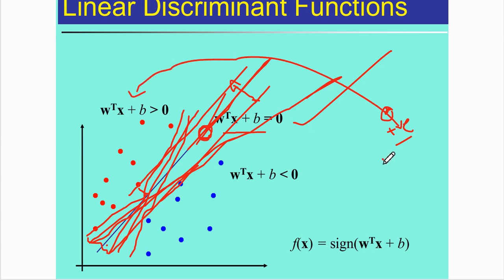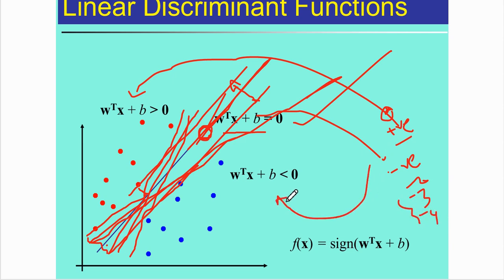If you take any test point and substitute it in this hyperplane equation, and the value is negative, it may be -2 or -3 or -4, any negative value, that test point belongs to which class? Negative class. That means if the test point substituted into the hyperplane equation gives a positive result, the test point belongs to the positive class.